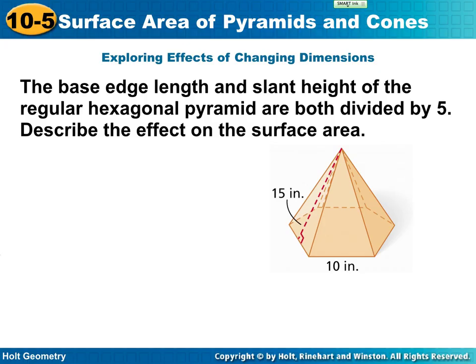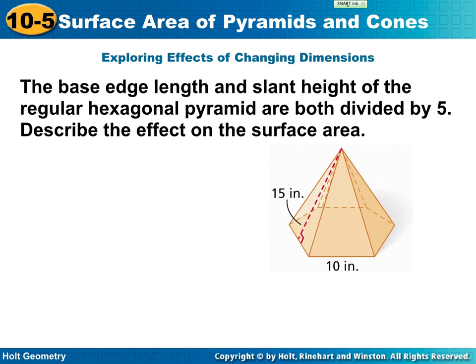Okay, this one, you had some problems like this on today's homework. Describe the effect on the surface area, like what's it gonna multiply by? The base edge and the slant height of the regular hexagonal pyramid are both gonna be divided by 5. So what's gonna happen to the surface area? It's gonna be 25 times smaller.